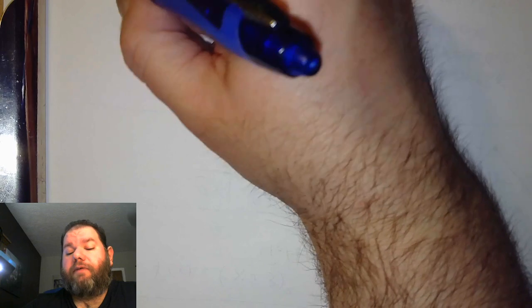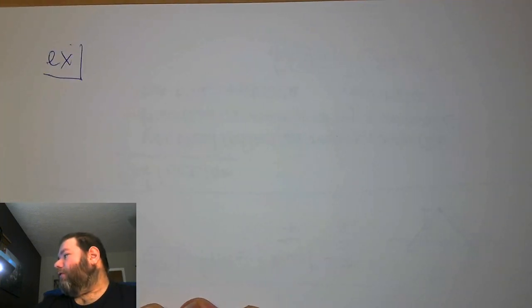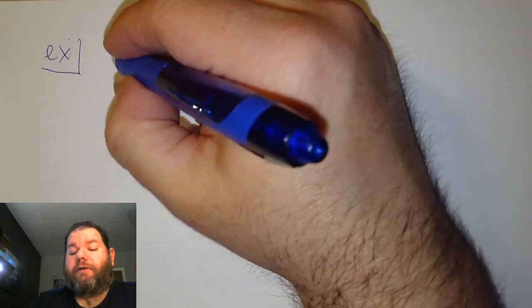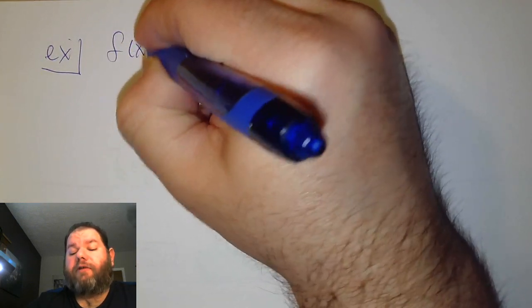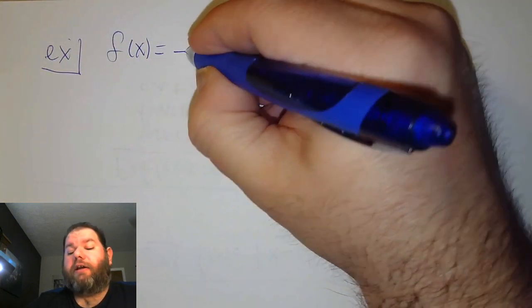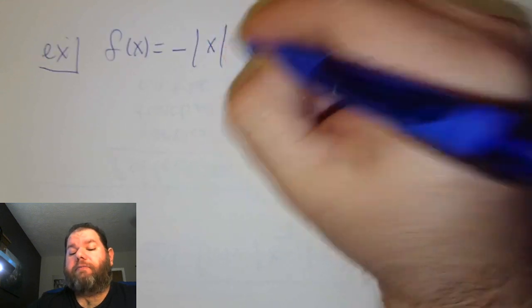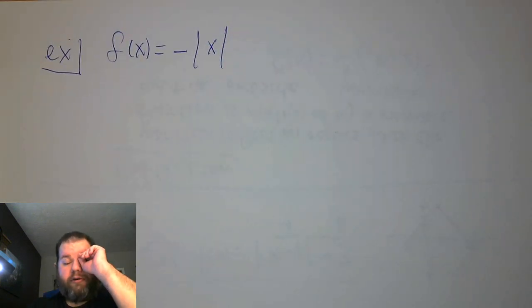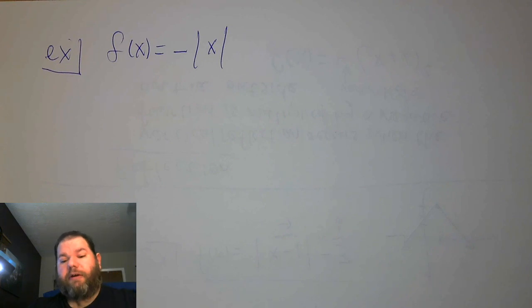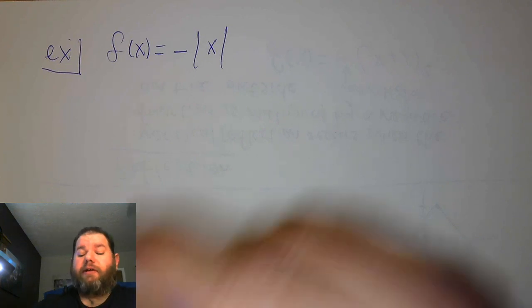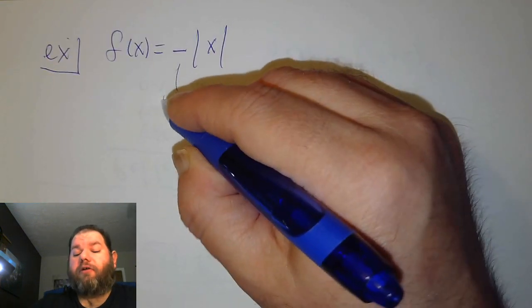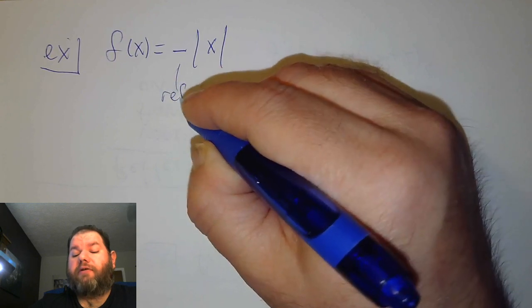So as an example, we have f of x equals negative absolute value of x. The only thing happening there is that we have a negative on the outside, so we know this is going to be our reflect down.